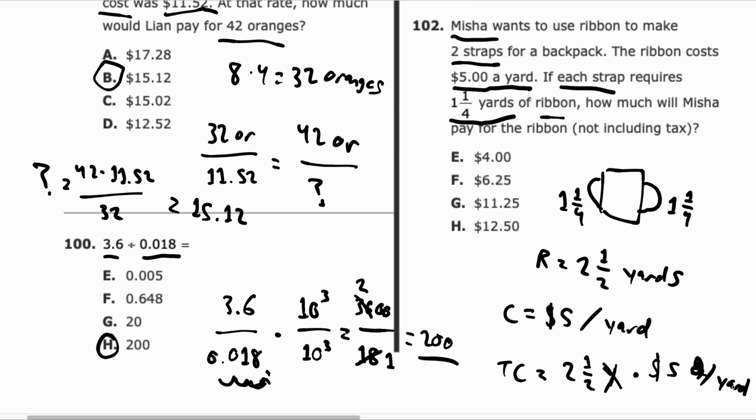So our yards cancel out, and we're left with 2 1/2 times 5, which is $12.50. So that would be H, right? That's how much Misha will need to pay for the ribbon.